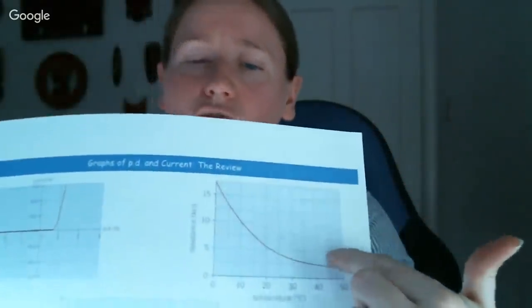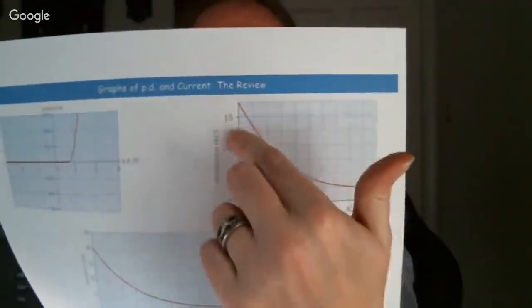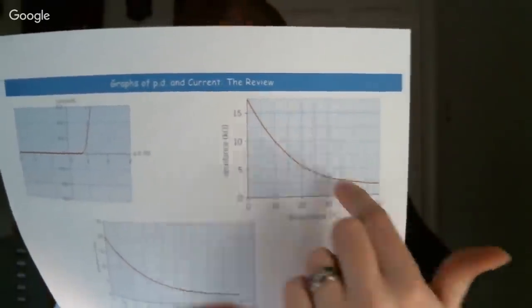As we heat up our thermistor, the electrons gain enough energy to escape from the atoms in the semiconductor, and therefore the resistance is going to drop. So you get a very distinctive graph where you can see it drops, as we increase the temperature, the resistance is decreasing. At low temperatures, we've got a small current and therefore high resistance. At high temperatures, the current is high, the resistance is low.